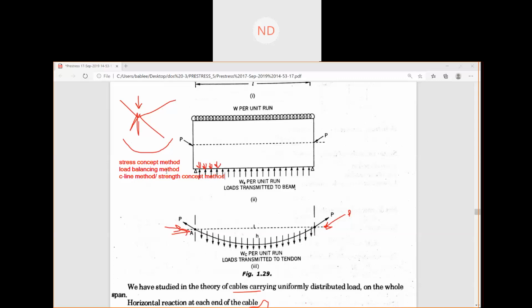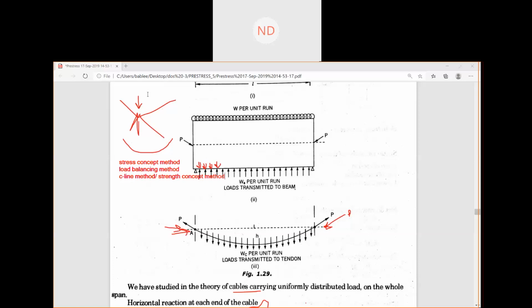In the load balancing method, the tendons or the profiles give you upward thrust, and they try to counterbalance the downward loads. These are the things we did in the last class with the triangular bend tendon, and now with the parabolic profile. This is the second method, the load balancing method.